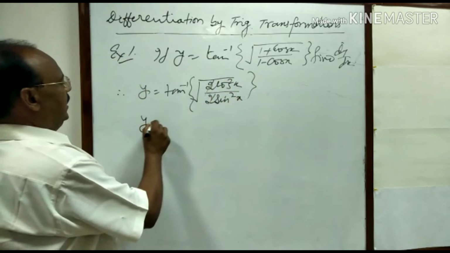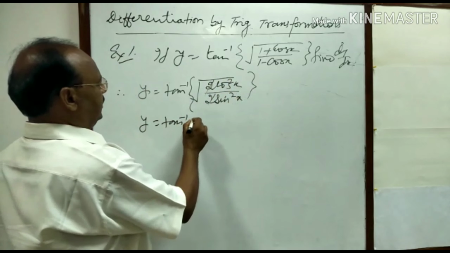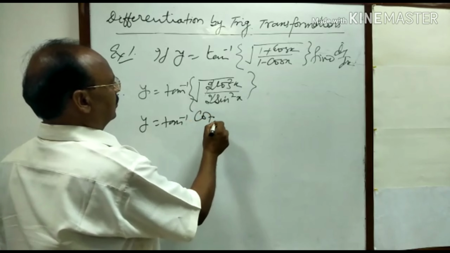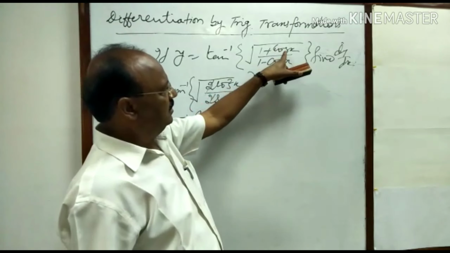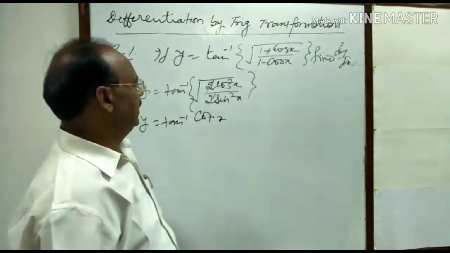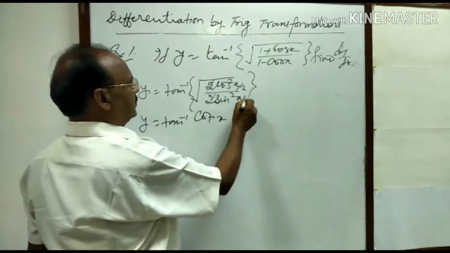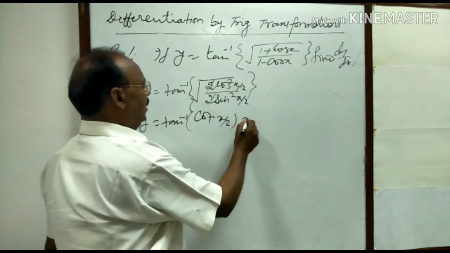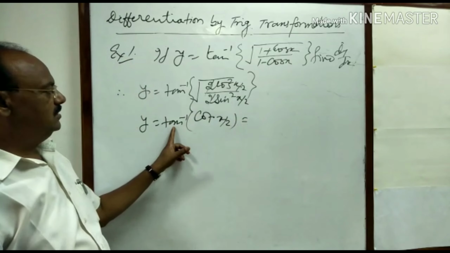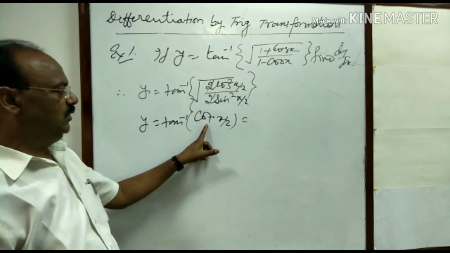So we are getting here y is equal to tan inverse cot of x. And you see here x we are having here, so we will write here x by 2. And here tan inverse and cot is here, so we have to simplify it.